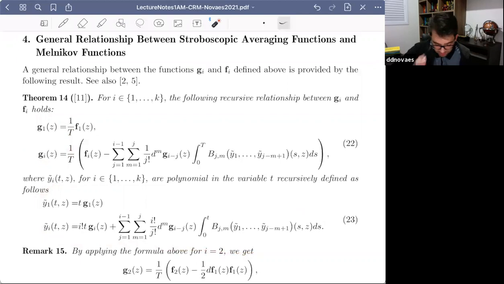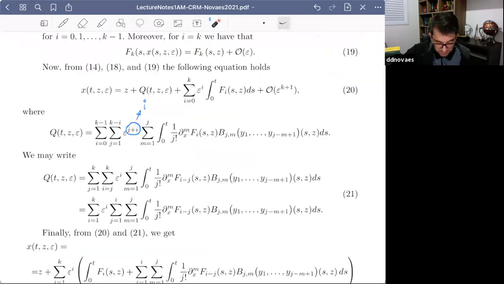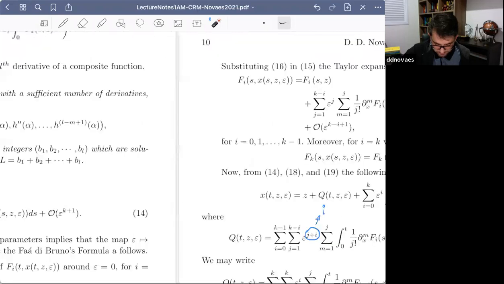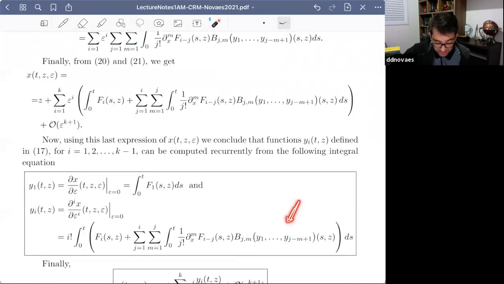But note here that these functions y_i tilde are always polynomial in the variable t, okay? So this integral can always be done. It's not like the formula before, where I am computing functions that I do not have much information about a priori.